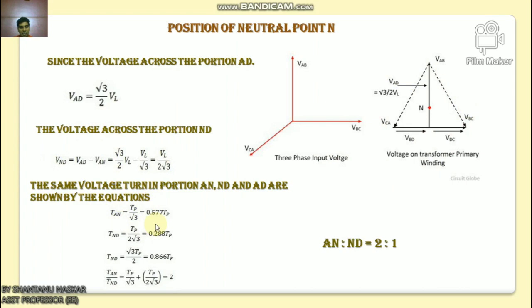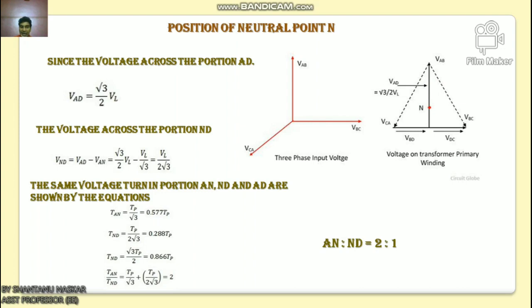So TAN equals TP by root 3, which is 0.577 TP, and TND equals TP by 2 root 3, equals 0.288 TP, and we can also write TAD equals root 3 TP by 2, equals 0.866 TP, and finally TAN by TND equals TP by root 3 over TP by 2 root 3, equals 2. So the equation shows the neutral point N divides the primary of the teaser transformer in the ratio of 2:1.